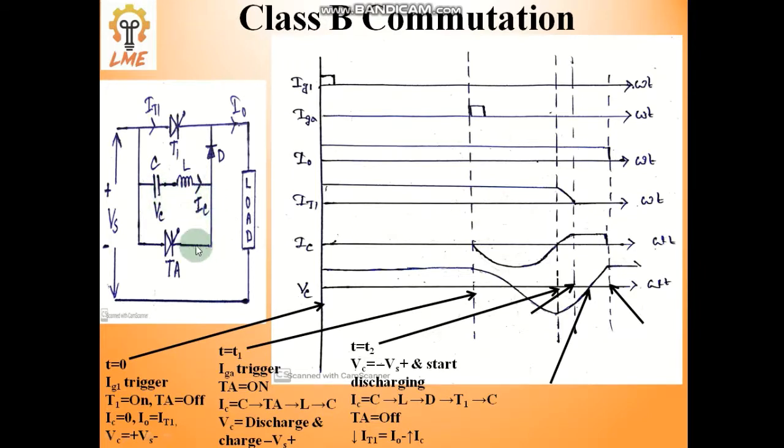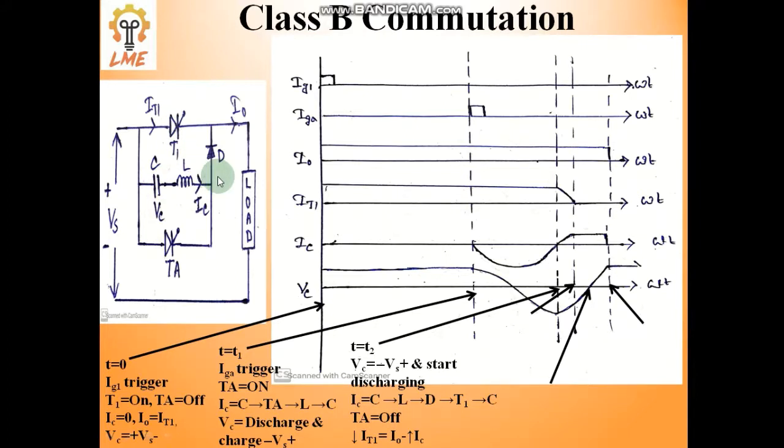Positive is applied across the cathode terminal and negative across the anode terminal, so the auxiliary thyristor is off, no doubt. In this time IT1, the thyristor current, equals IO, the output current, minus IC, because IC has now come into action.